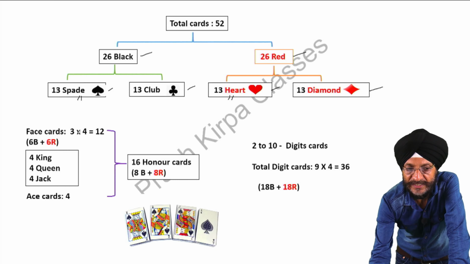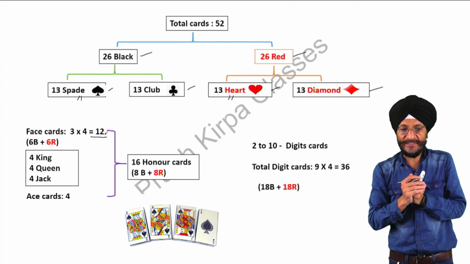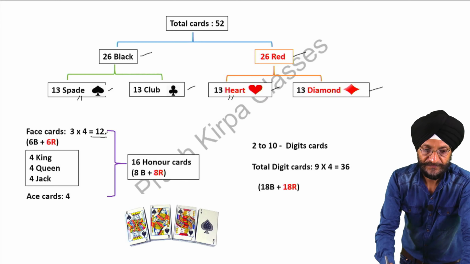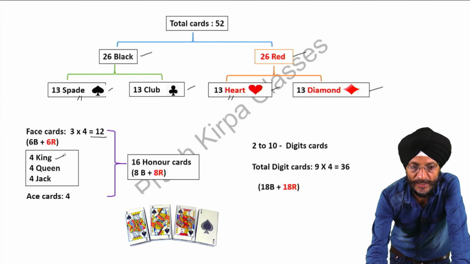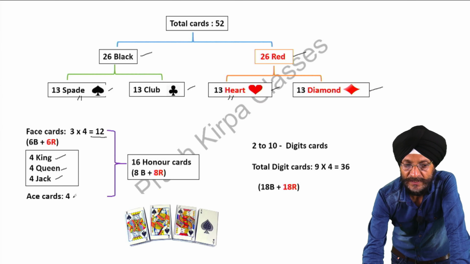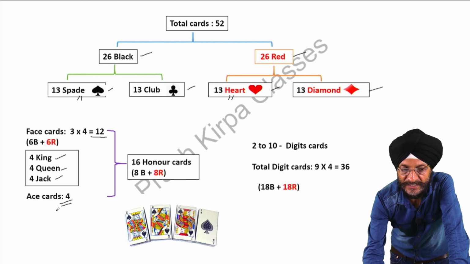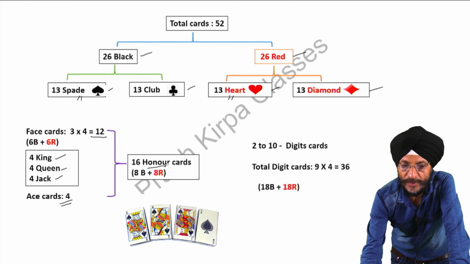You can further see that there are 12 face cards, 6 are black color, 6 are red color. In the face cards, 4 are queen, 4 are king, 4 are jack, and 4 are ace cards, and together face cards and ace cards constitute honor cards.